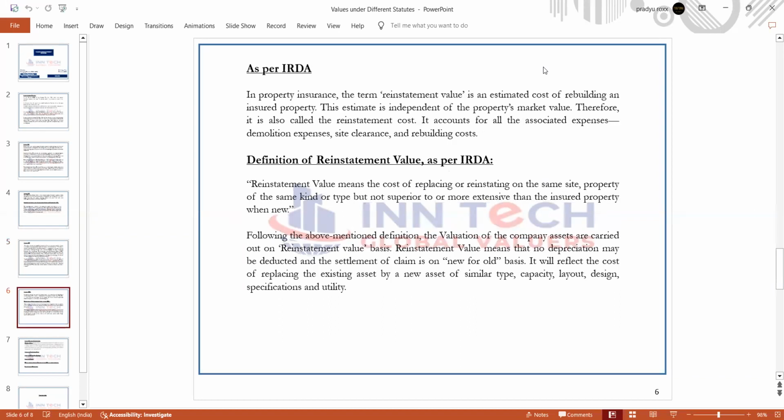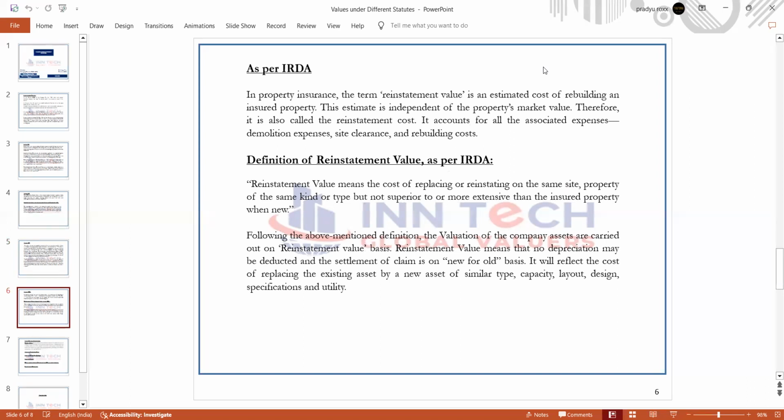So there are values under IRDA, the Insurance Regulatory and Development Authority. They have also come out with a value which they expect. That is called the reinstatement value. Here there is a difference between the market value and other definitions. Reinstatement value is what?